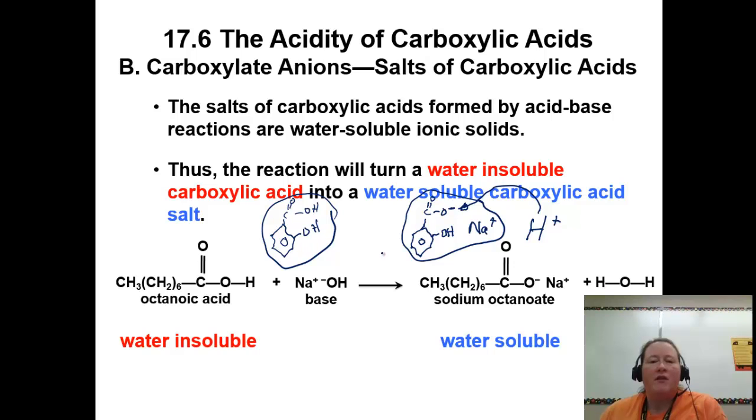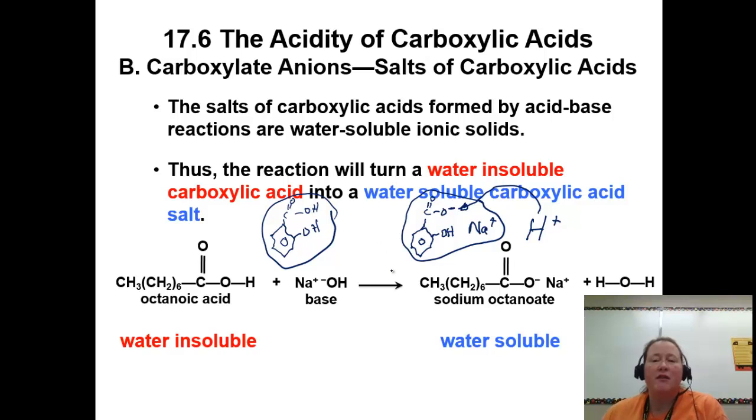So this is a way that we can take larger carboxylic acids and dissolve them in water if we need to by adding a base. So aspirin works like this. One of the active ingredients in aspirin is salicylic acid, and it has a limited solubility in the stomach because it's an acidic environment.